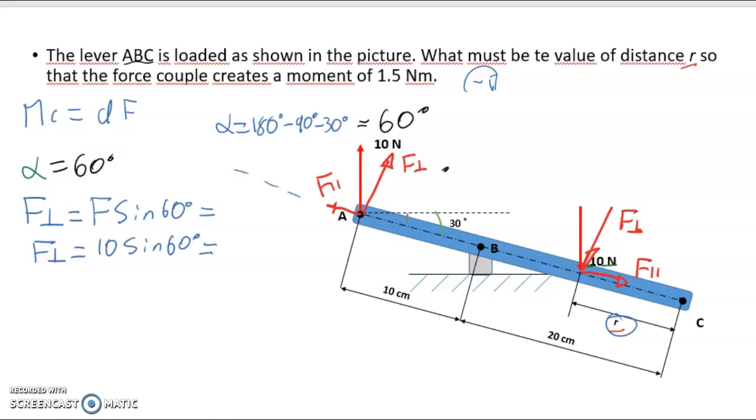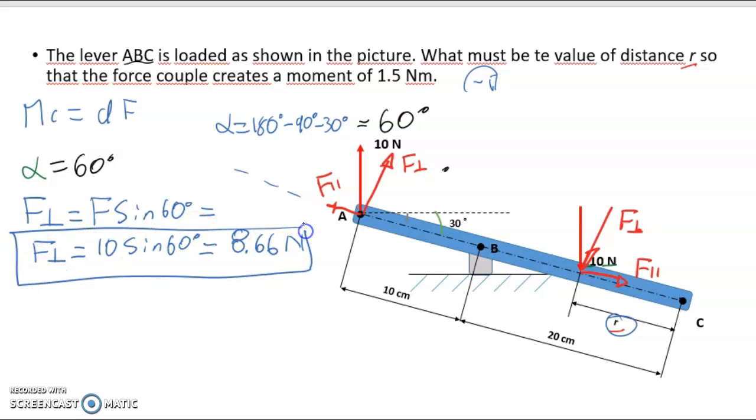That's going to deliver 8.66 newtons. That's the value of my perpendicular force.